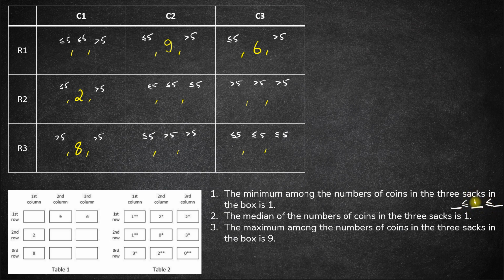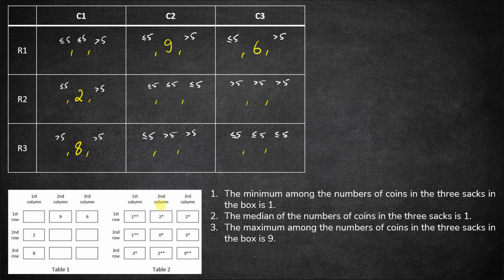Now if the median is 1, the lowest value cannot be less than 1, so it has to be 1. So if the second point is true, the first point definitely has to be true. So the second point alone cannot be the true statement.